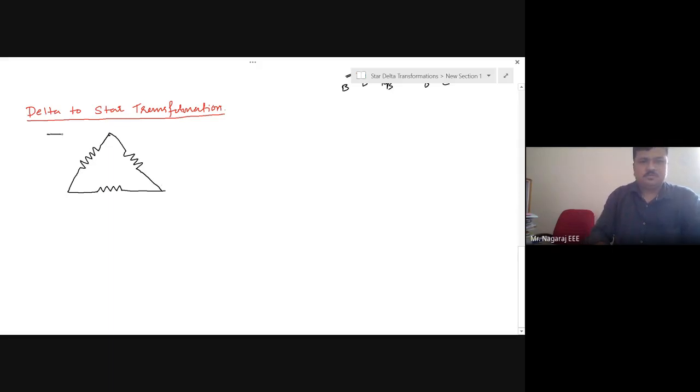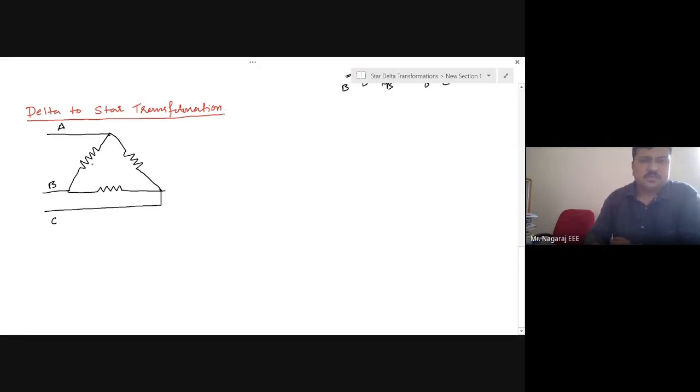Let the terminal be A, let this terminal be B, and let this terminal be C. So this is a delta connected network I have.